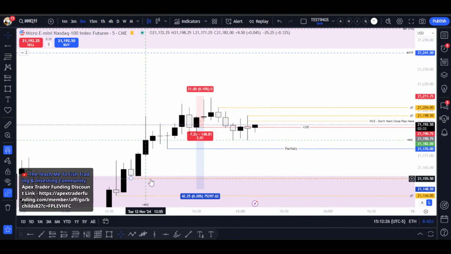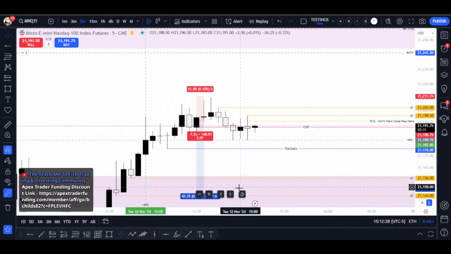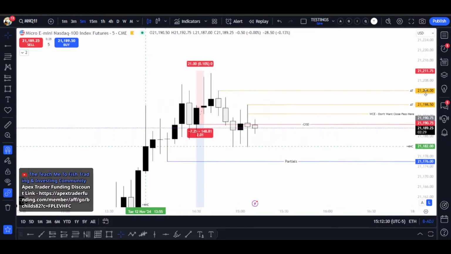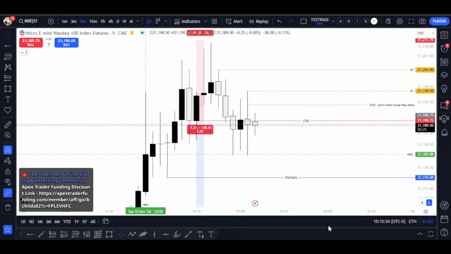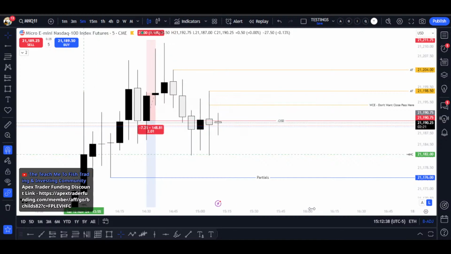Partial here as well. But we're waiting for price to give me what it is that I'm looking for. So I am watching price to the upside now.